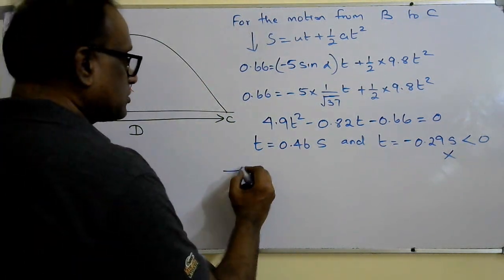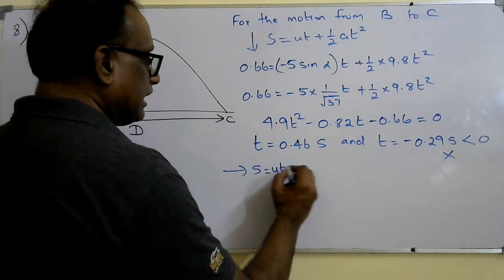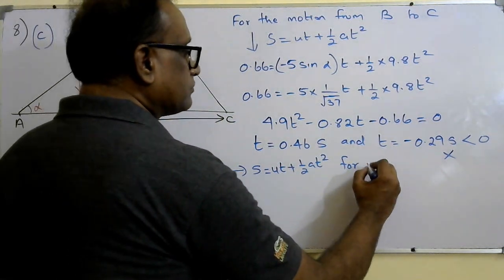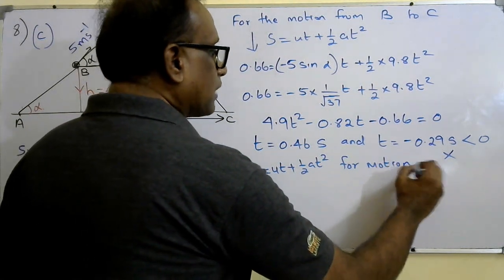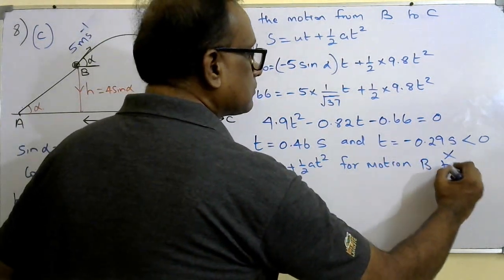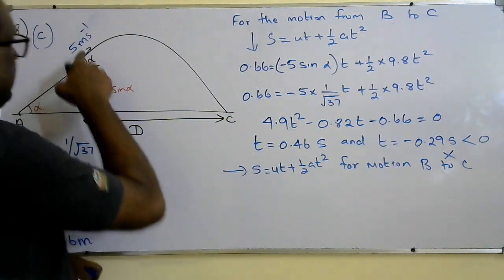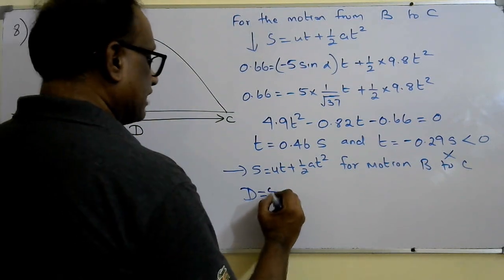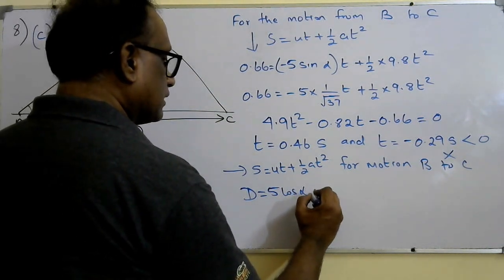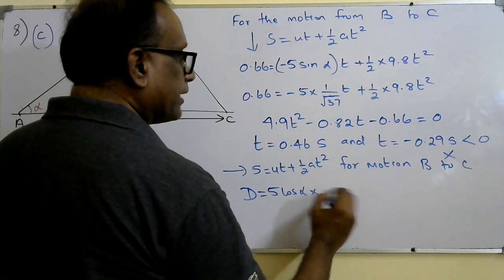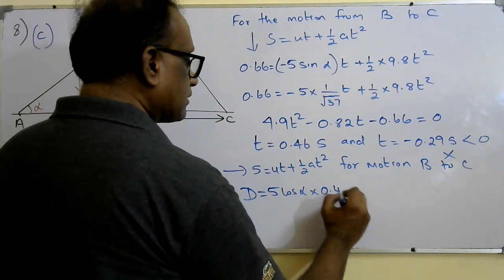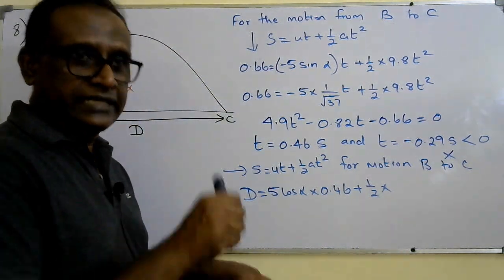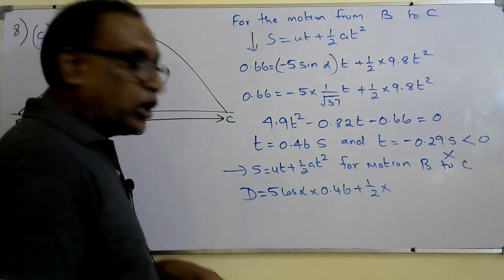Now use horizontally, s equals ut plus half at squared, for the motion from B to C. The horizontal displacement d is equal to 5 cos alpha into time 0.46, plus half times 0, because horizontally there is no acceleration: gravitational acceleration is vertically down, it has no horizontal component, and there is no friction.